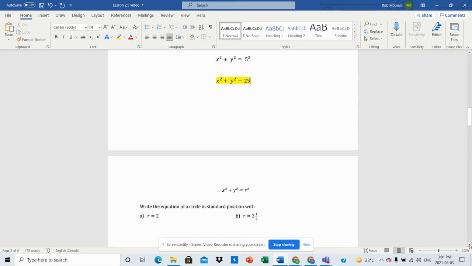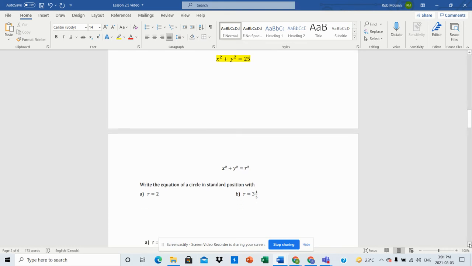So let's do 2 more questions here. Write the equation of a circle in standard position with a radius of 2. We're just going to follow the same steps that we did here. We know standard position means that the center's at our origin of 0, 0, so we're going to have x squared plus y squared. We just have to worry about r squared.